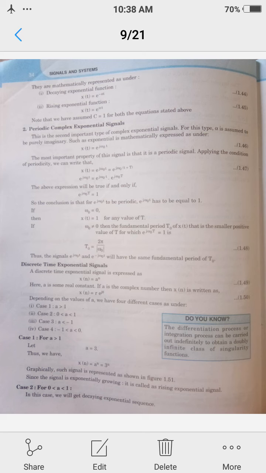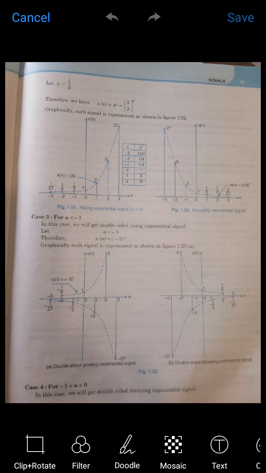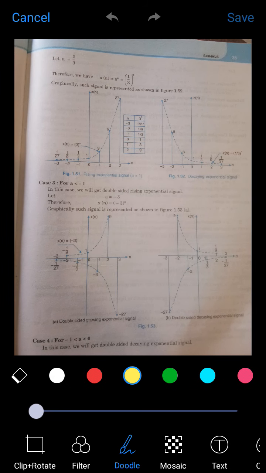When a lies between 0 and 1, then we get the decaying exponential signal. This is our decaying exponential signal when a is negative. In the next case, when a is less than -1, we can have the signal.